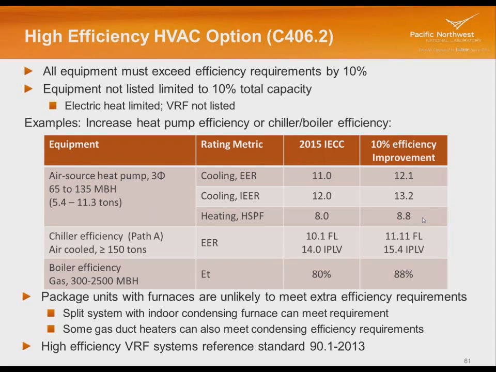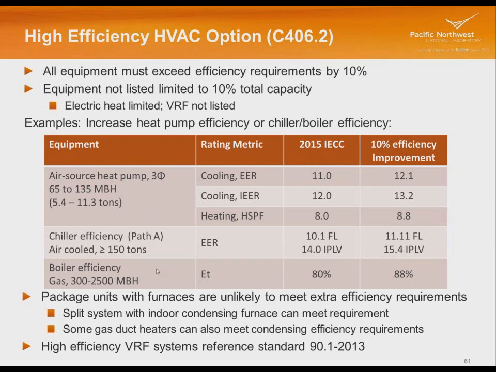The only exception to that would be larger chillers, where the kW per ton would go down by 10%. If I'm an air-cooled chiller, again, I've got two requirements, the full load and the IPLV requirement, and I would increase those again by 10%, and I would have to be better or higher than those numbers, both numbers, to meet the requirement.